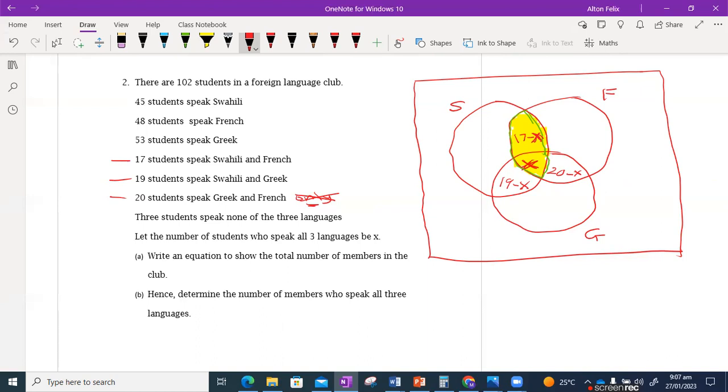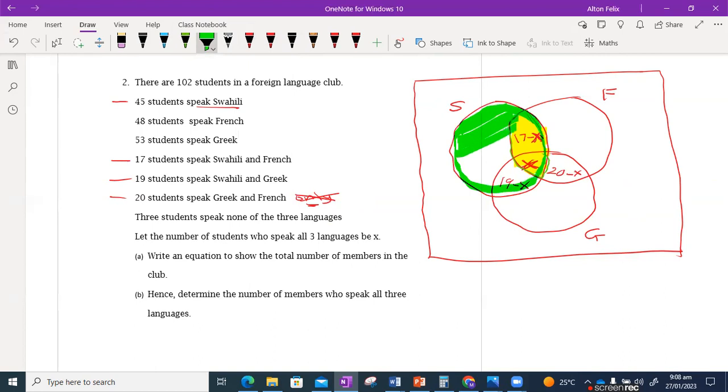So 45 students speak Swahili. Now, again, watch this. The 45 refers to the entire region represented by the circle S. Now, it may seem like a lot of work here, but we need to take our time when we are solving.